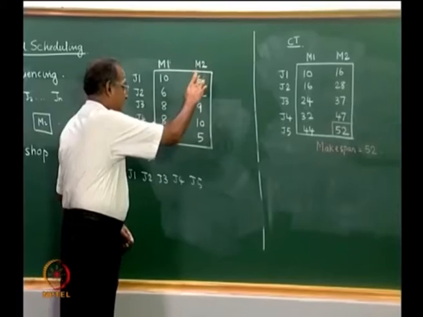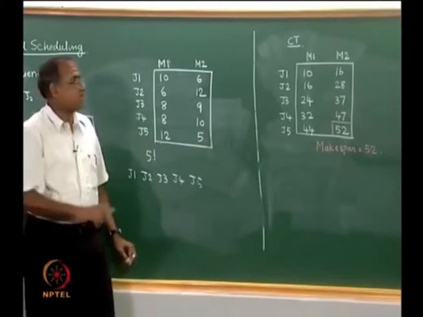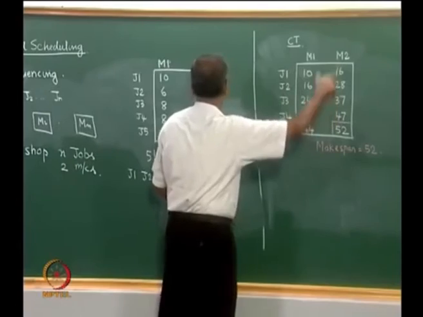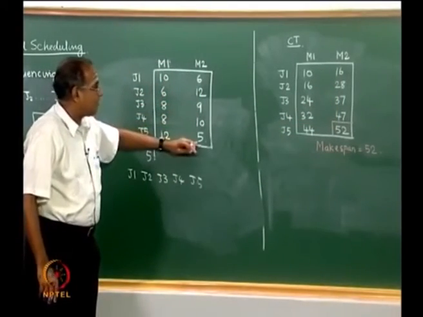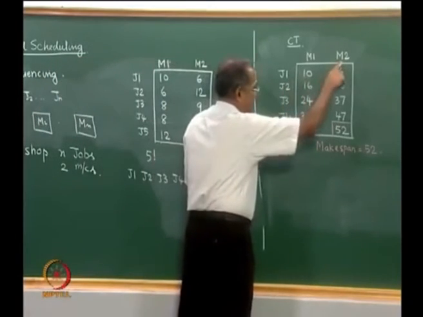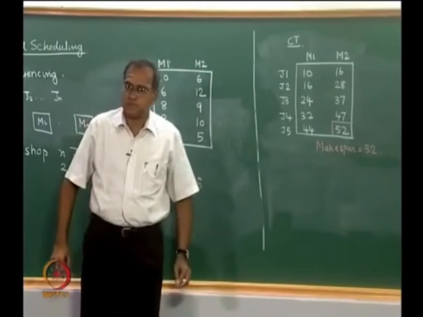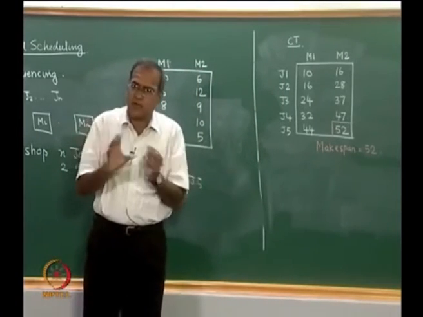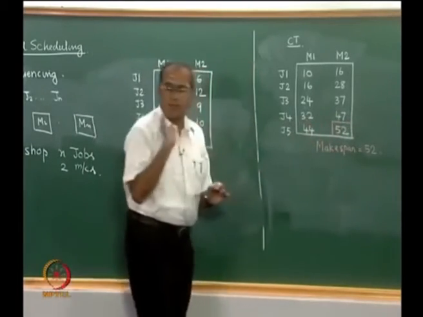Now, we look at this: 18, 27, 37 plus 5 is 42, plus the other 10 is 52. But then it started at 10, and 10 plus 42 is 52. M2 also was not idle.